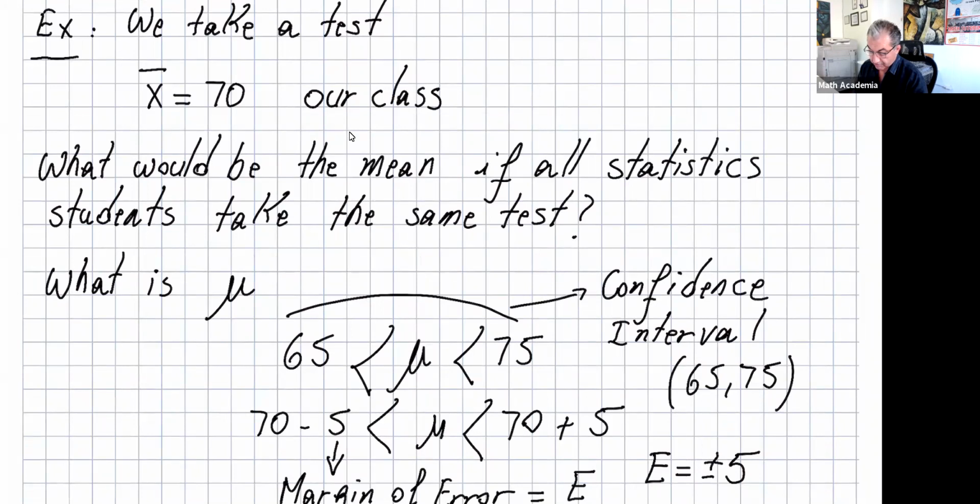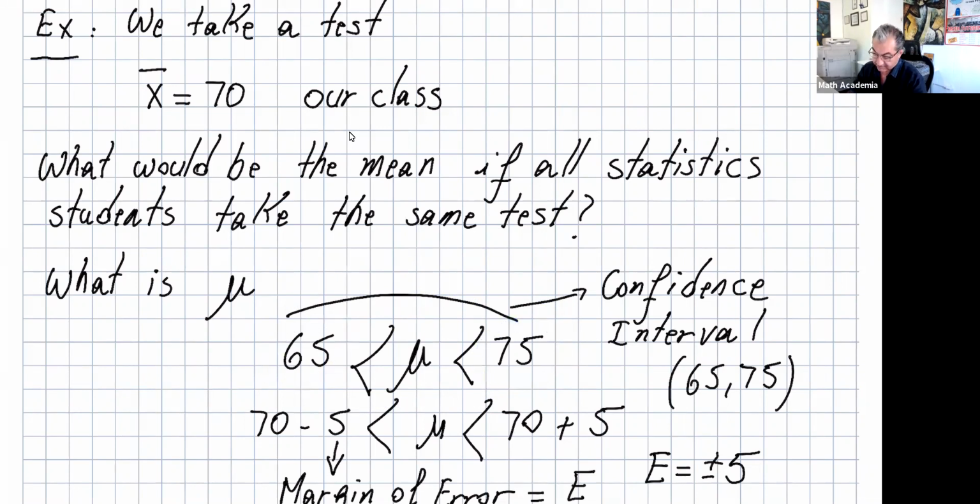The population mean is one number, but we don't know what that number is, so there's some probabilities to get that number. So what we say, we create a confidence interval. So I can say the population mean, or the mean of those 15, 20,000 students taking the same exam, will be a number between 65 and 75.